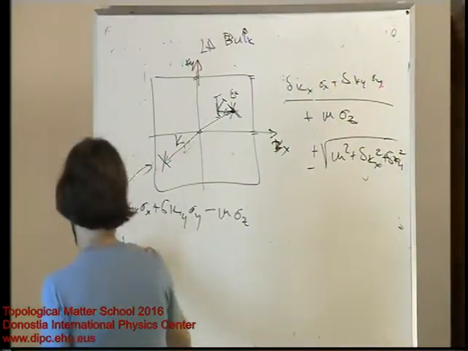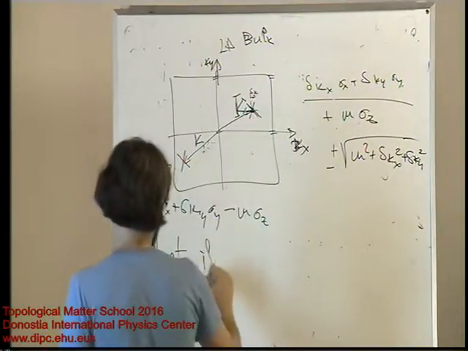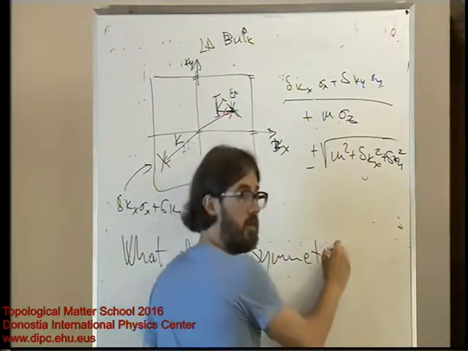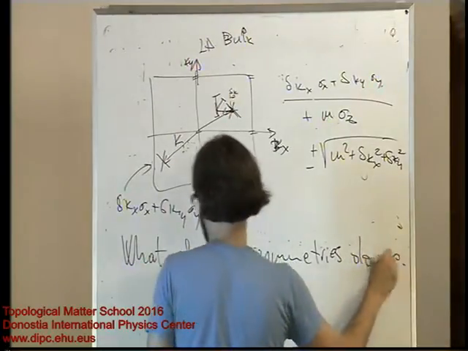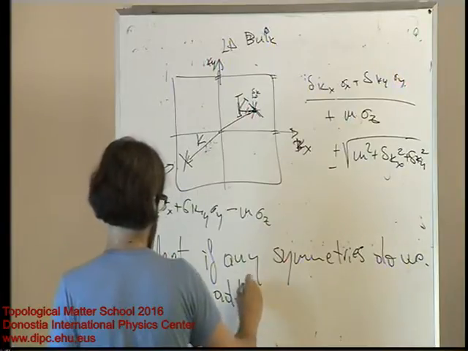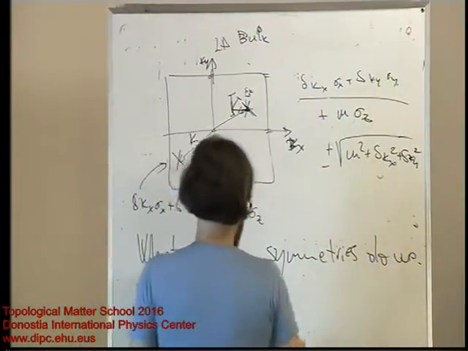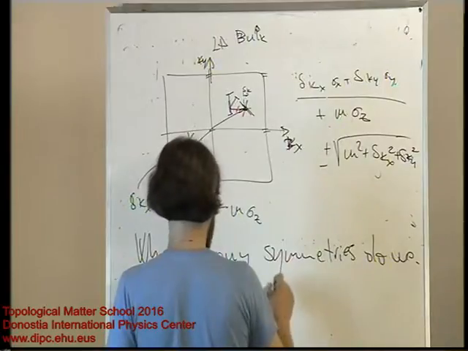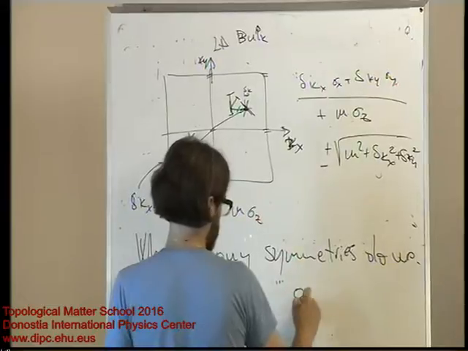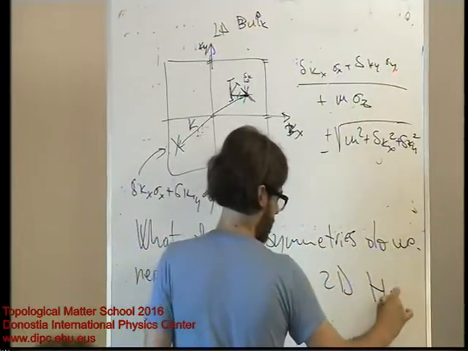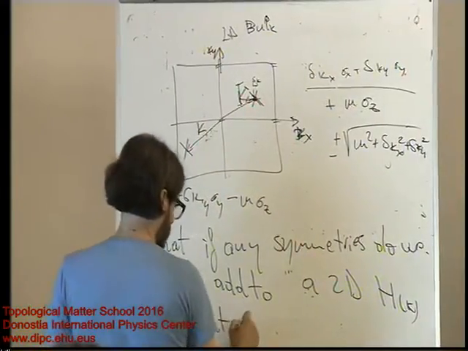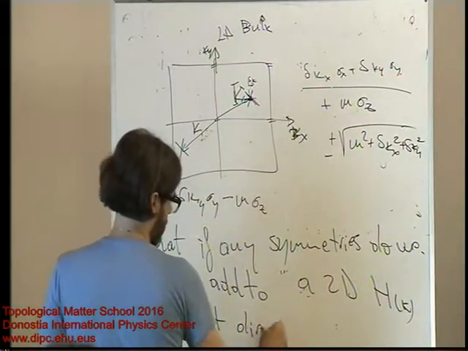So now I'm going to ask what symmetries, if any, do we need to add to a 2D Hamiltonian so that the Dirac points become stable.